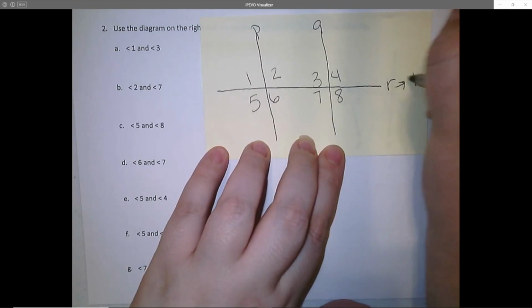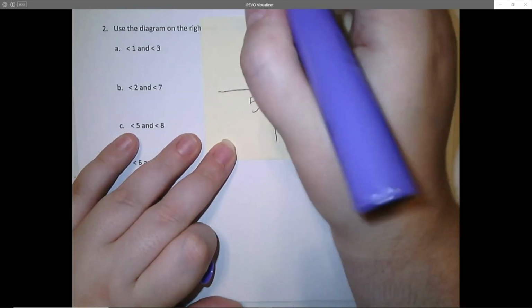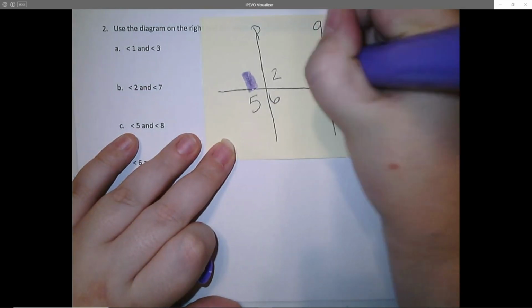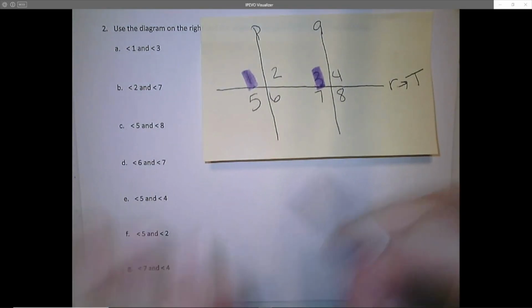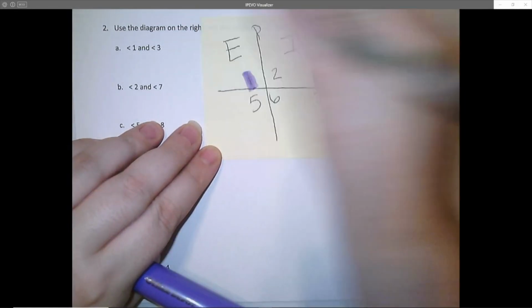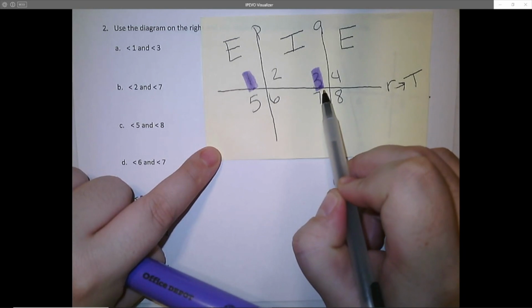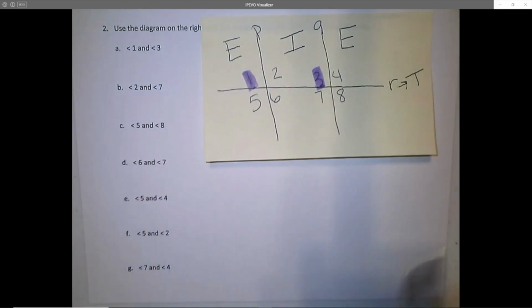R becomes my transversal, so I'm going to mark that T. In the first problem, they're talking about angle 1 and angle 3. If I highlight angle 1 and angle 3, first off, in between P and Q is the interior, then we have the exterior. 3 is an interior angle, 1 is an exterior.